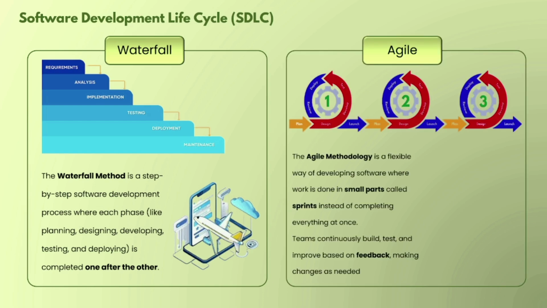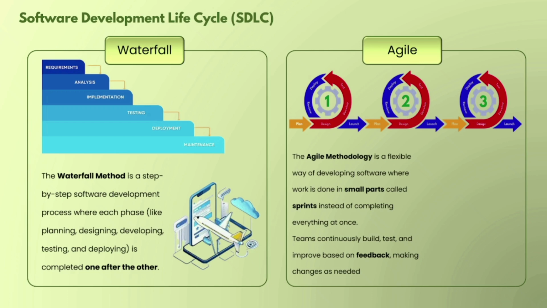And the exact opposite is the nature of agile methodology. The agile methodology is a flexible way to develop software where work is done in small parts called sprints instead of completing everything at once.